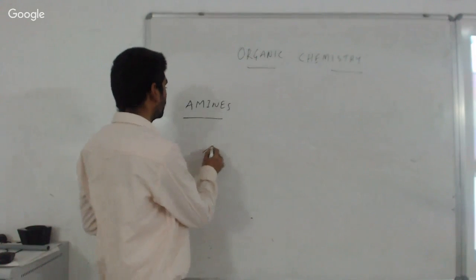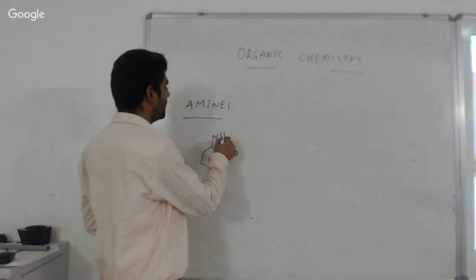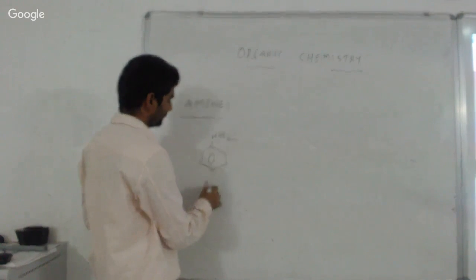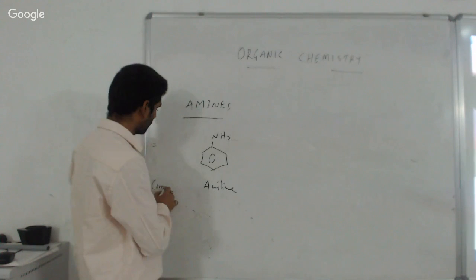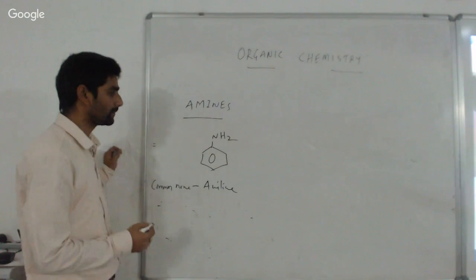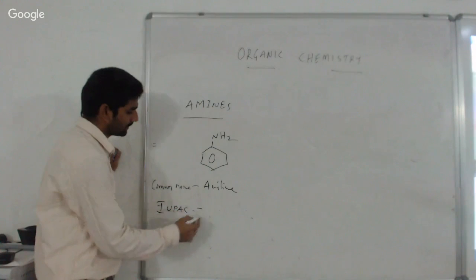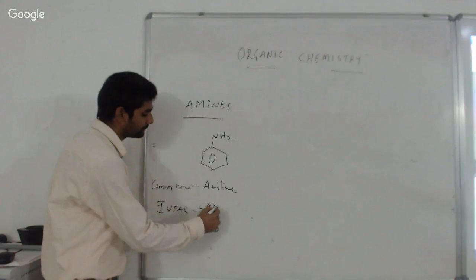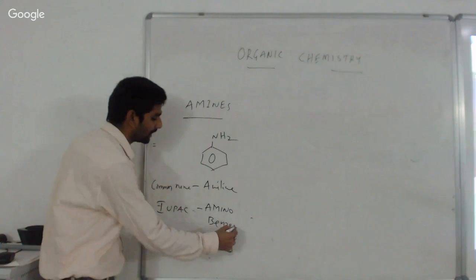Aromatic amines: take the one whose common name is aniline. The IUPAC name is aminobenzene. Aminobenzene is the IUPAC name.